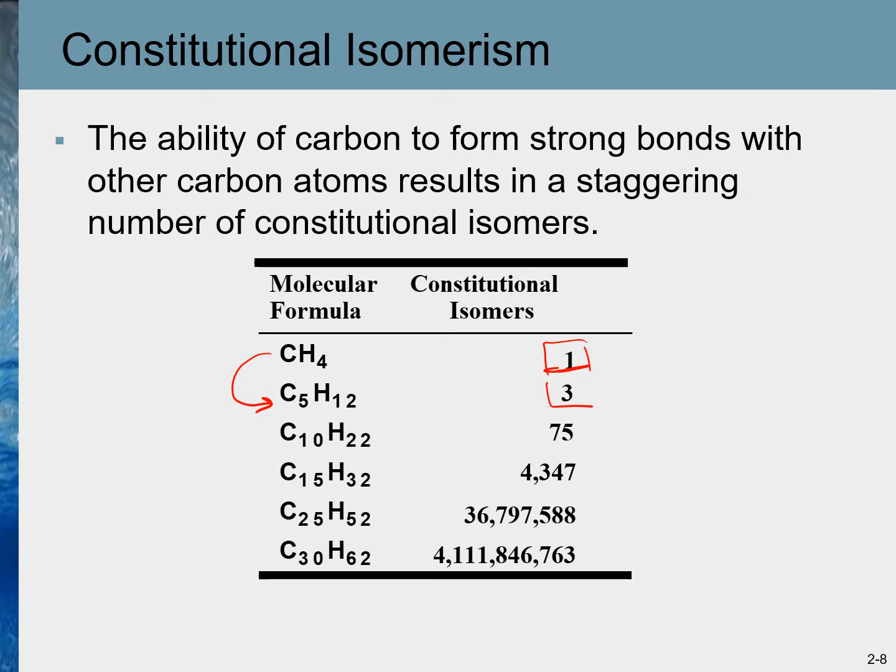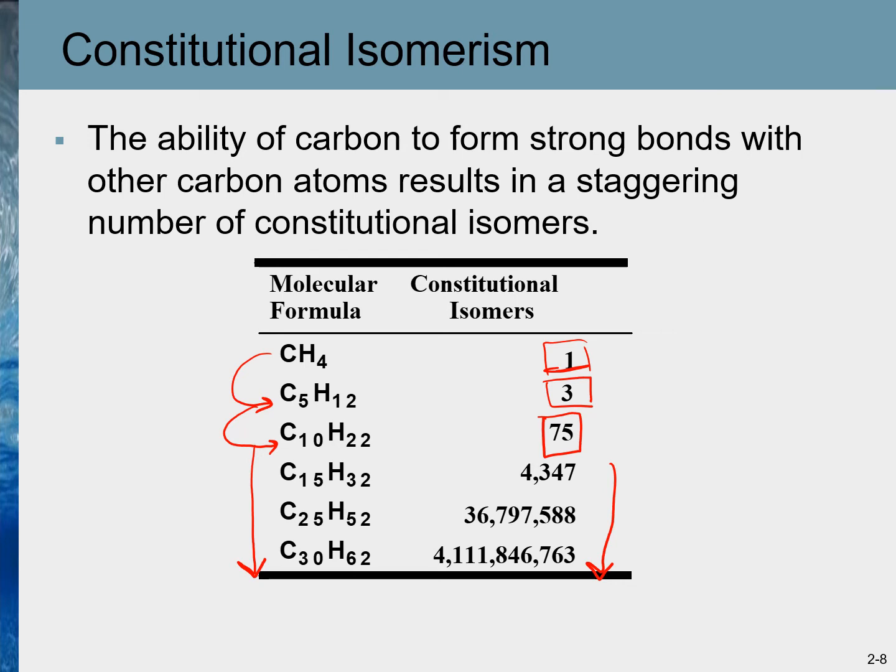But if we go from 1 carbon to 5 carbon, there are 3 constitutional isomers, and if we go from 5 carbon chain to 10 carbon chain, the number of constitutional isomers is 75, and as it goes further, you can see the number of constitutional isomers goes to millions.